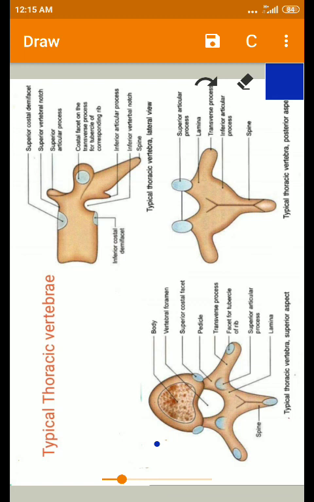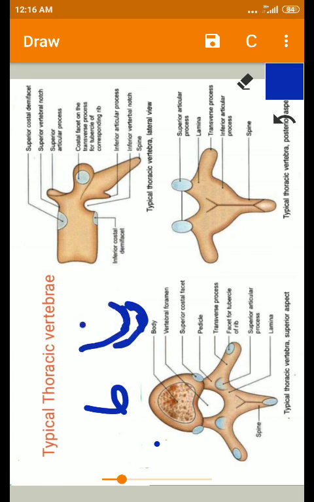In the upper six vertebrae, the costal facets present on the transverse processes are concave in nature. The articular facets are concave in shape, which will articulate with the tubercle of the rib.